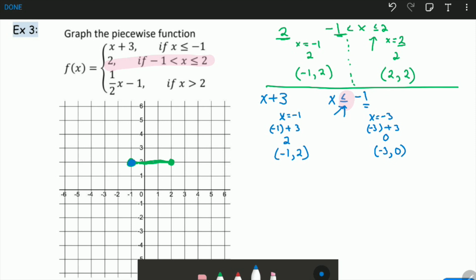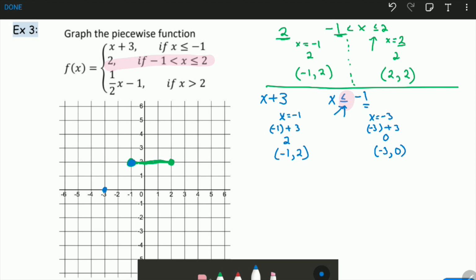As for whether it is solid or open, included or not included, because this is actually on the interval itself, it will be included. So negative 3, 0 is an included point because it is part of the interval. Now this is the other part that's different.